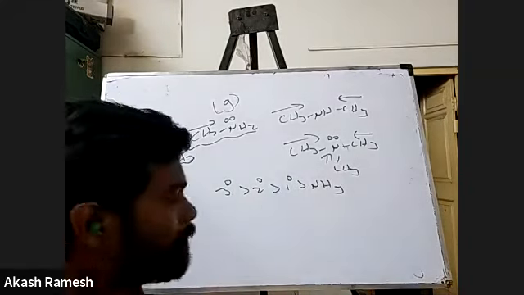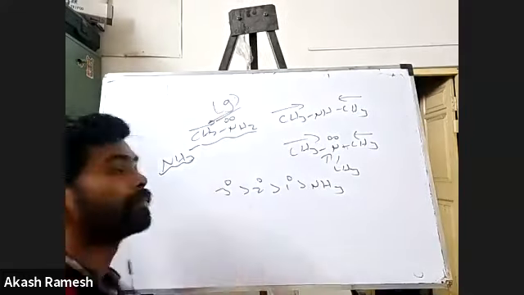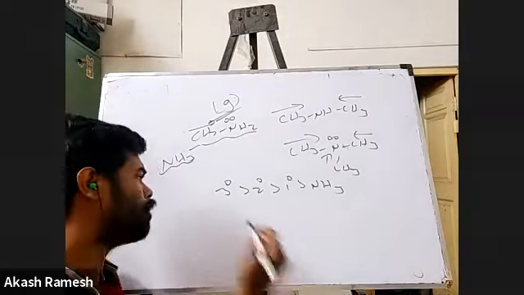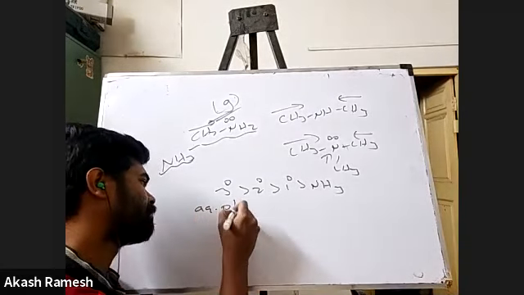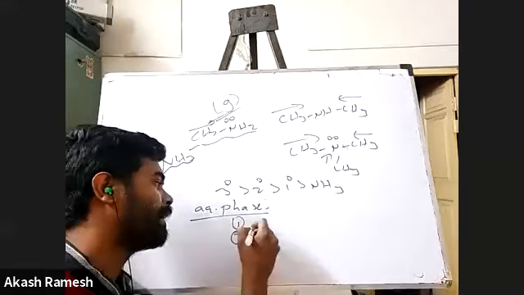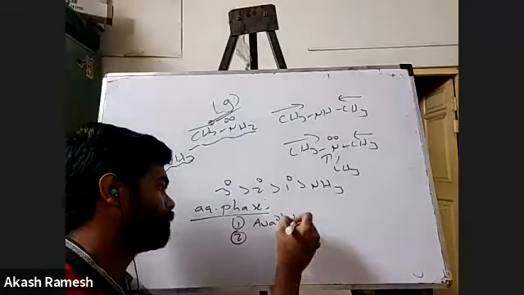Now this happens in gaseous phase. We have mentioned here, this happens in gaseous phase. Now when I go for aqueous phase, there are 2 criteria. One criteria is availability of lone pair. Obviously, there's no doubt about it.